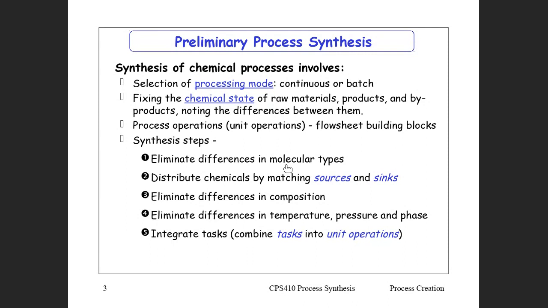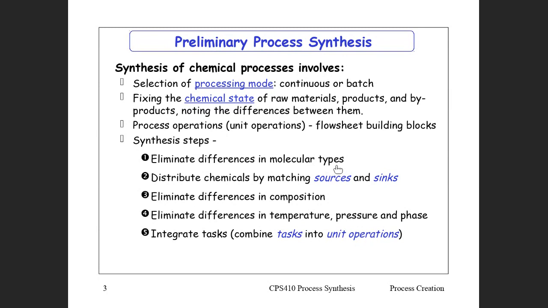The way they're written in the textbook: eliminate differences in molecular types. What that means is, if you're starting with sodium carbonate and you want to make sodium bicarbonate, those are 2 different molecular types.